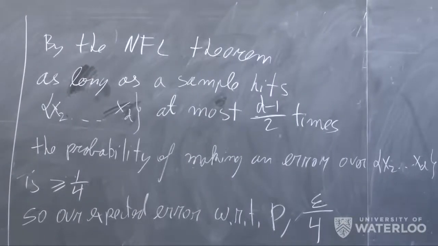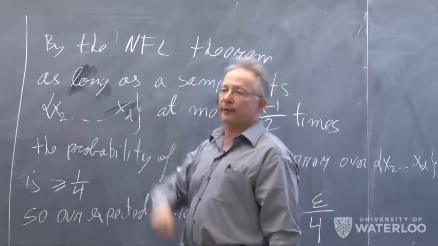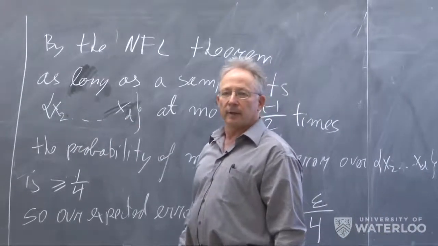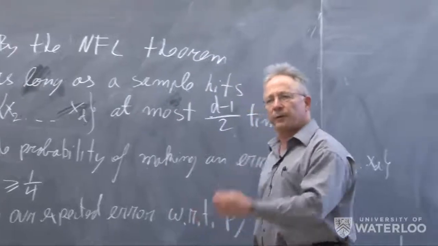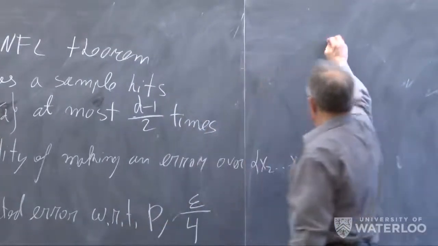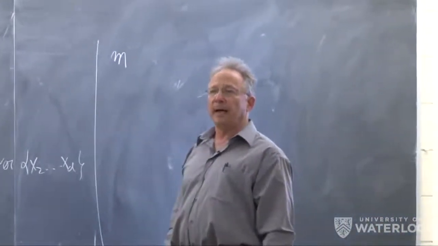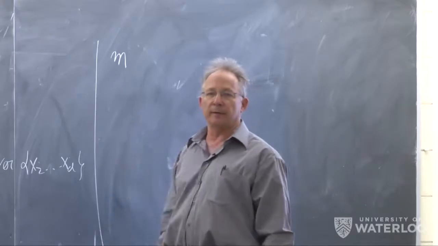But how many sample points do I need in order to hit this set so often? What fraction, when I'm taking a sample over and over again, if I'm picking m points in my sample, how many of them are likely to hit this area?